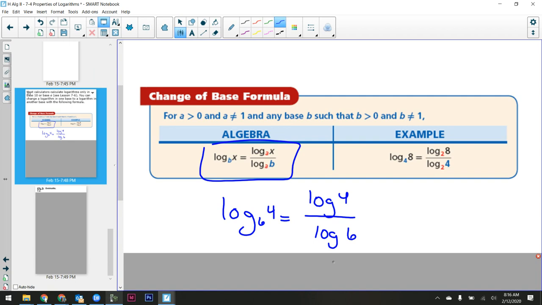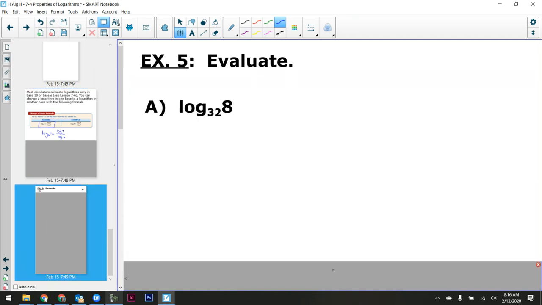Okay, all right. So go ahead and evaluate these using the change of base formula. So you're going to have to do it in your calculators.